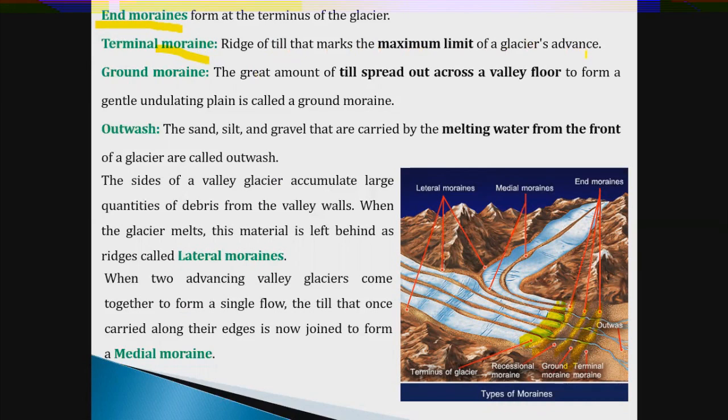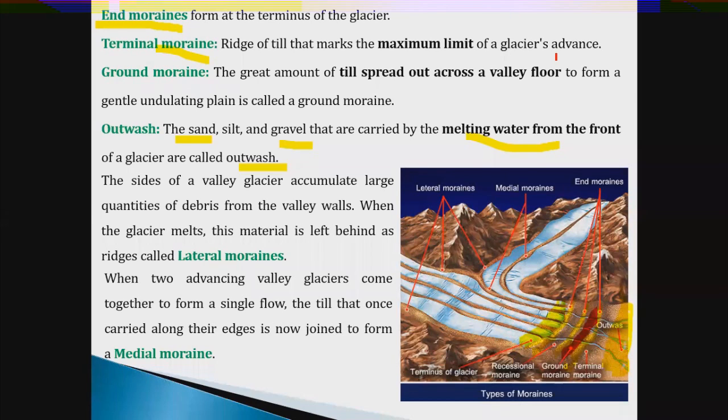All the huge and bulky particles will be deposited in the terminal moraine, and some sand, silt, and fine gravel size particles, which are carried by the melting water from the front of a glacier, are known as outwash. Now this is outwash. Outwash is basically the mixture of the fine grained materials that has been carried away beyond the terminal moraine.